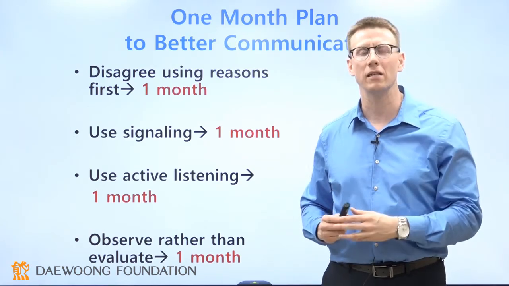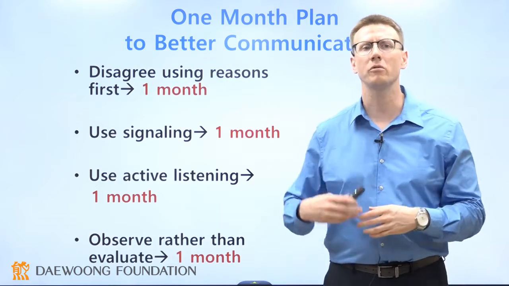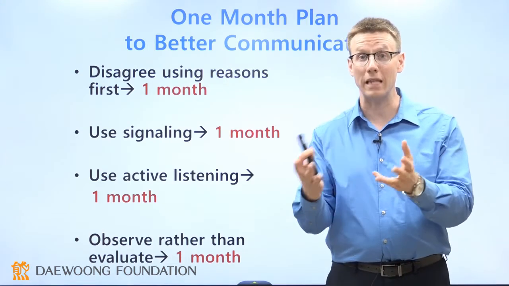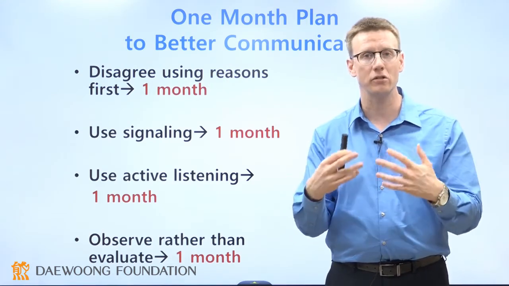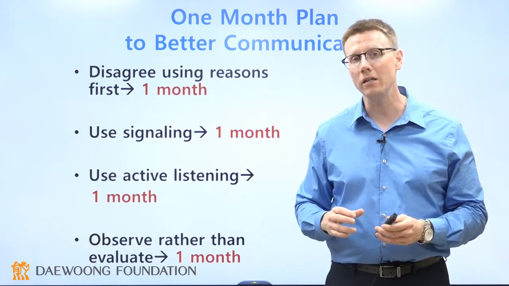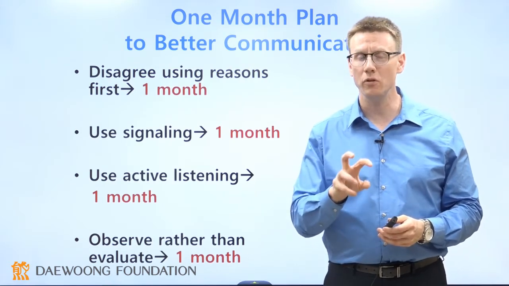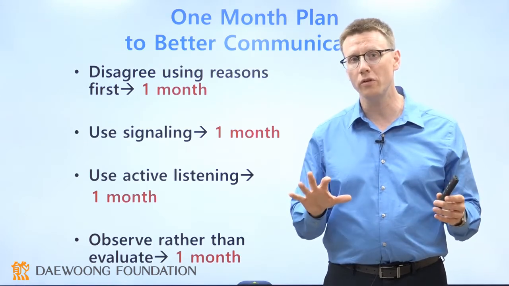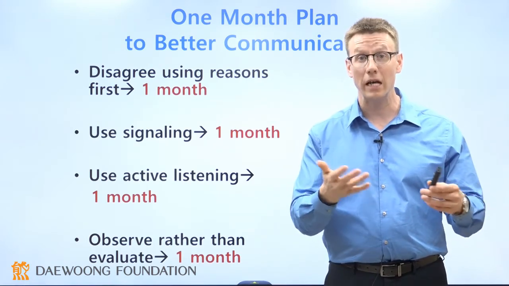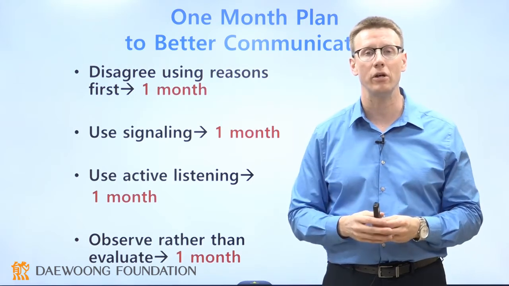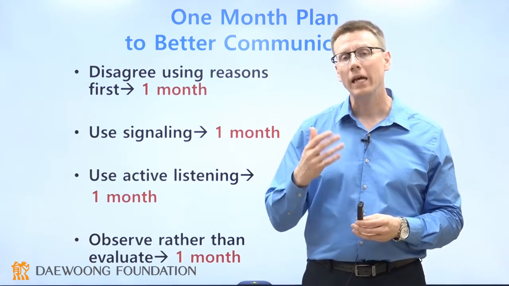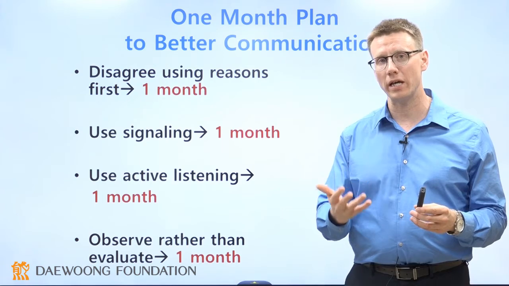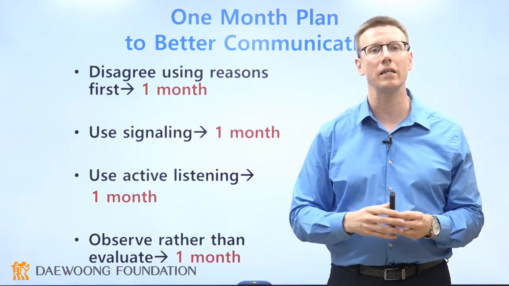So avoid saying things like, I disagree with you, or I disagree with your idea. Rather use that idea, that suggestion, that proposal. And then finally, avoid, if you can, evaluating people's behavior. Try to just observe what they're doing, state the fact, and then talk about it without the evaluation or the judgment.